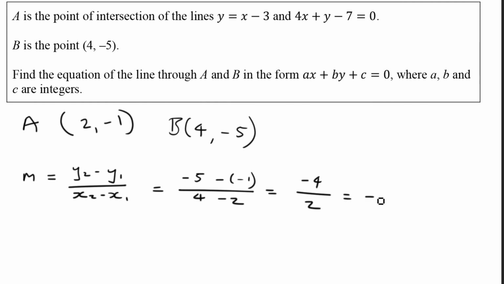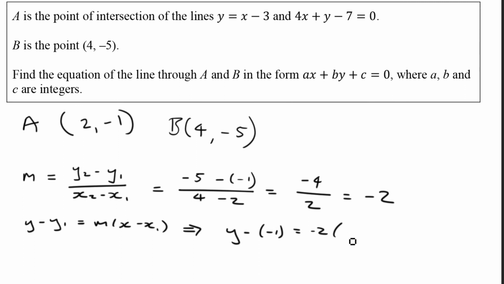The gradient is negative 2. And now we can use either of these 2 points, it doesn't matter which one, let's go for A. So using y minus y1 is equal to m into x minus x1, we have that the equation is y subtract negative 1 is equal to negative 2 lots of x minus 2.